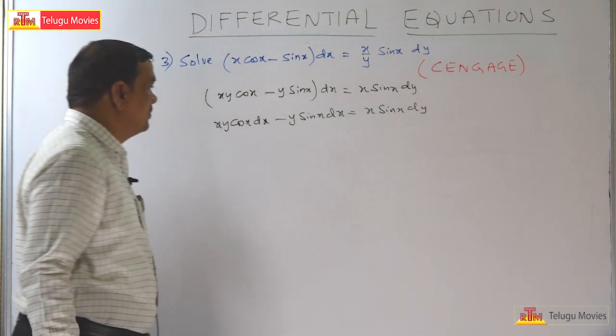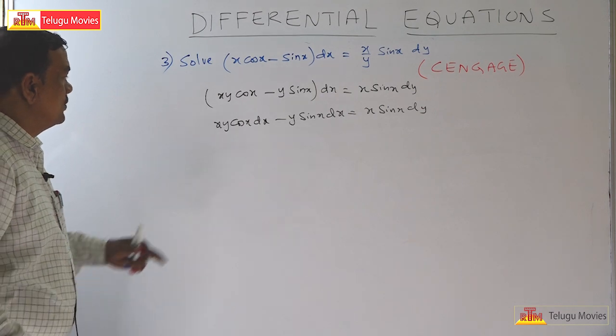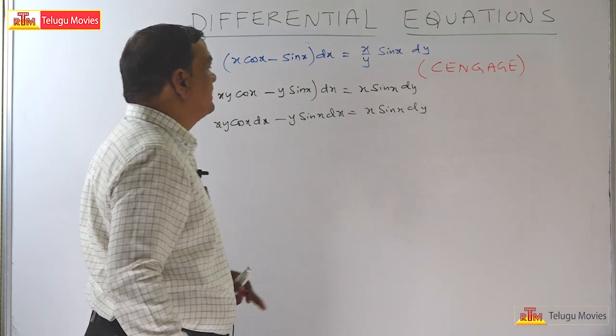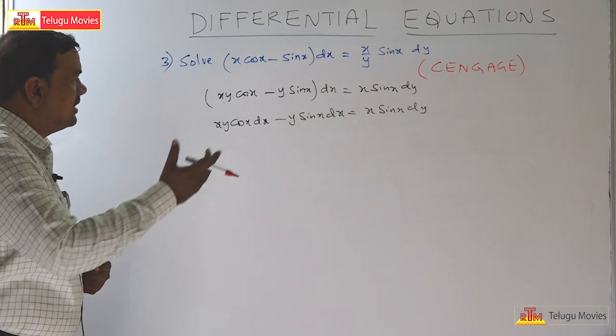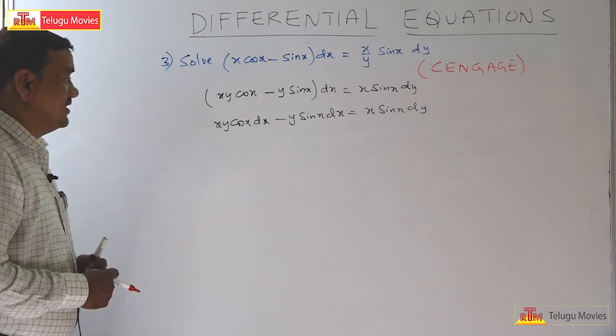Okay, then next what will you do now? Here xy you multiplied with y, y sin x. Let us take this y sin x to the left hand side and see what happens.